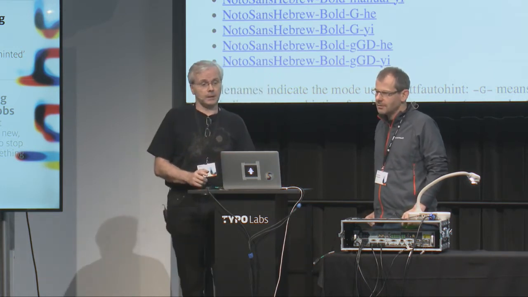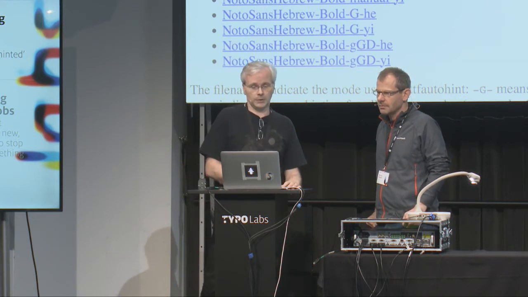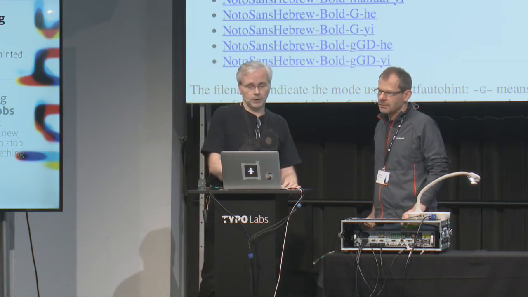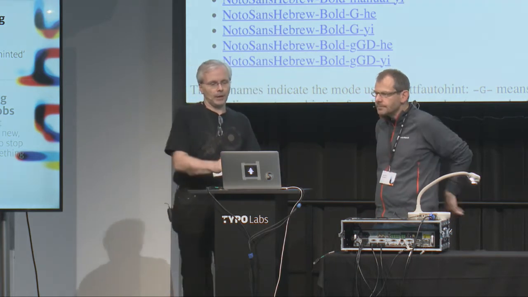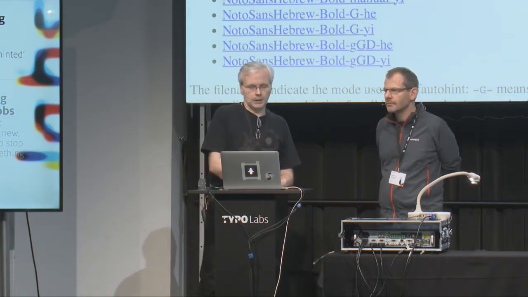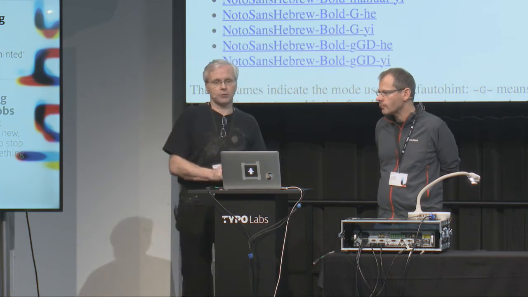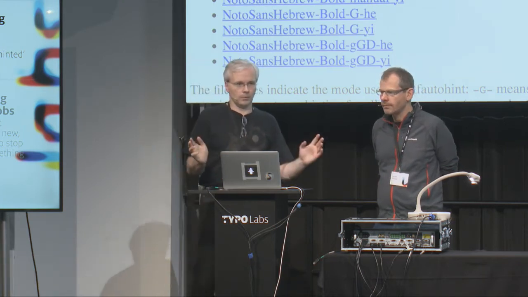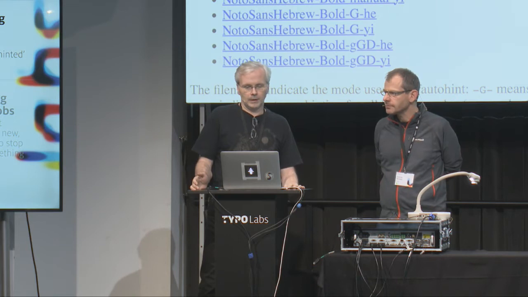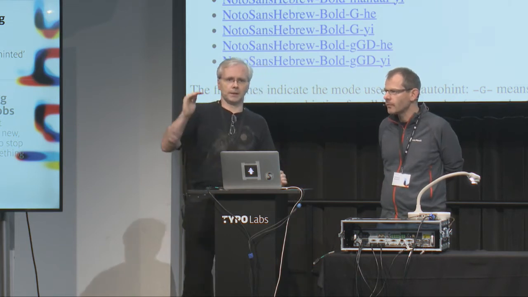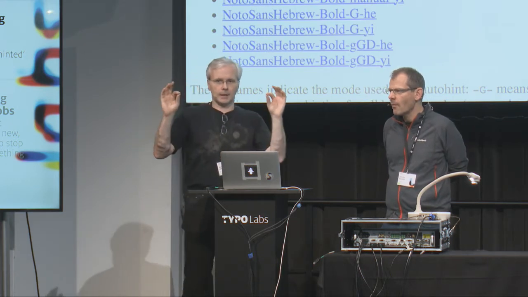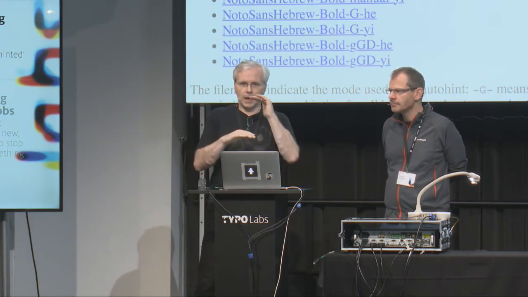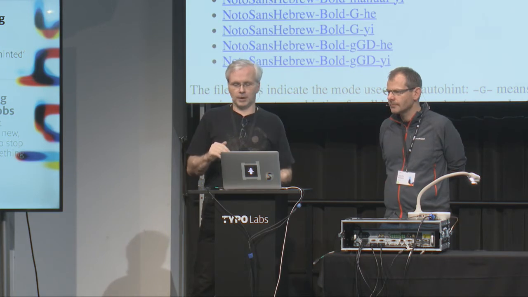ttfautohint provides different modes to hint fonts. And one mode is the mode G, and one second one is GGD. GGD is easily explained. This means strong hinting for all possible modes. Strong hinting means that ttfautohint tries to align stems and similar things as much on the grid as possible.